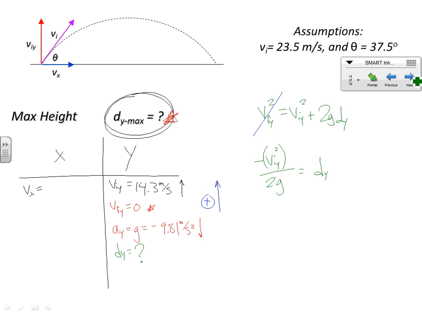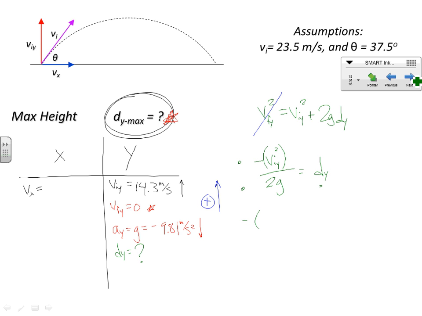Now, we've got to make sure we know it's that. It's not negative VIY, then squared; it's negative, VIY squared. There's a difference. Because this does come out negative in the top, and we have a negative in the bottom, our dy comes out positive, that's what we want.